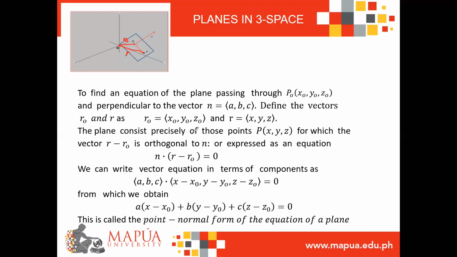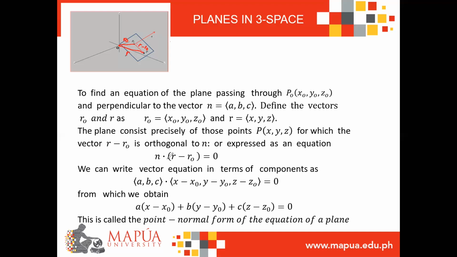The plane consists precisely of those points P for which the vector R minus R sub 0 is orthogonal to vector n. So meaning R minus R sub 0 vector is perpendicular to vector n, which we can represent as P sub O P. So this is now R minus R sub O. So it's orthogonal to n, or expressed now as an equation, n dot quantity R minus R sub 0 equals 0.